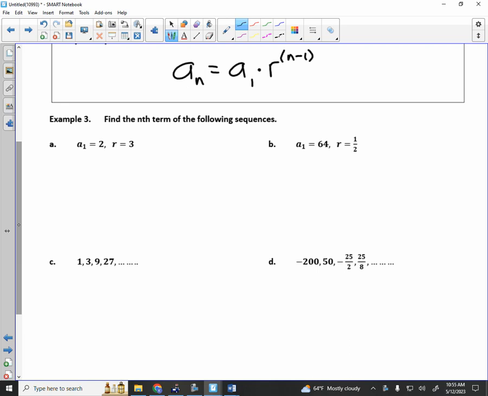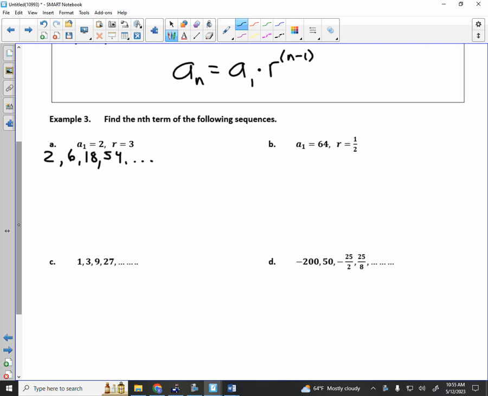But first, I just want to write out the sequence so far. It says a sub 1 is 2. What would be the next term? Don't say 5. 6, then 18, 54, so on and so forth. Okay, multiply each term by 3.